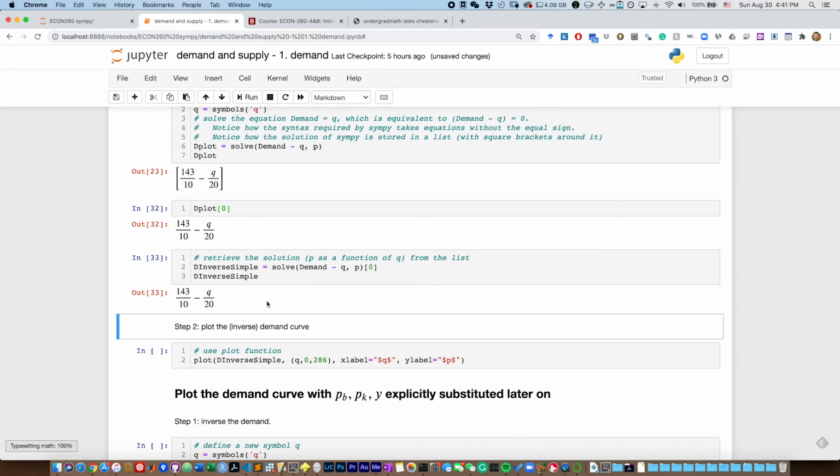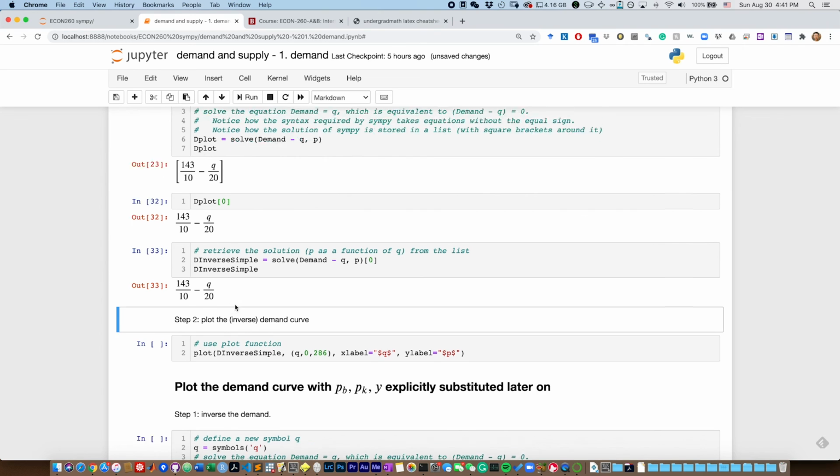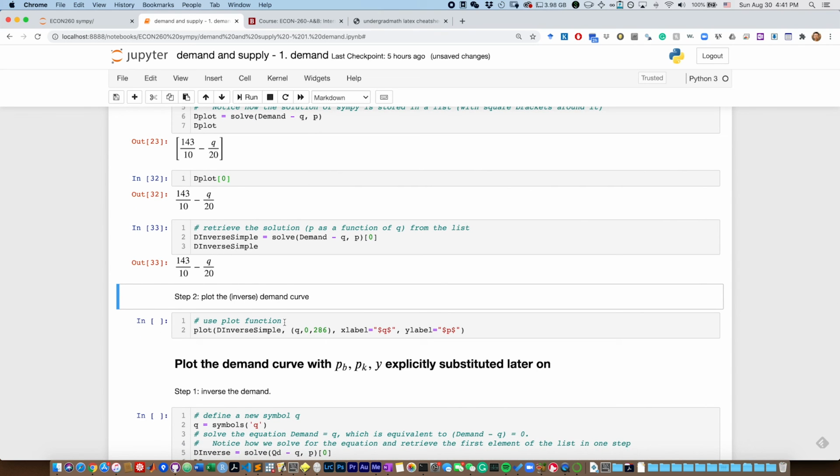Now let's try this. You can see that it's exactly the same result. And this item is exactly the mathematical expression for our demand curve, where we have P is equal to 14.3 minus Q over 20. And now we're ready to plot it.